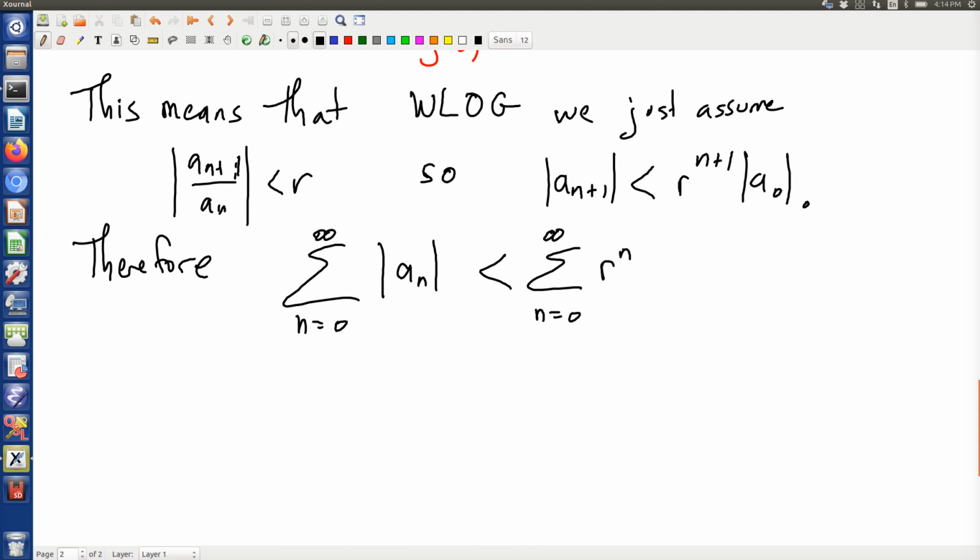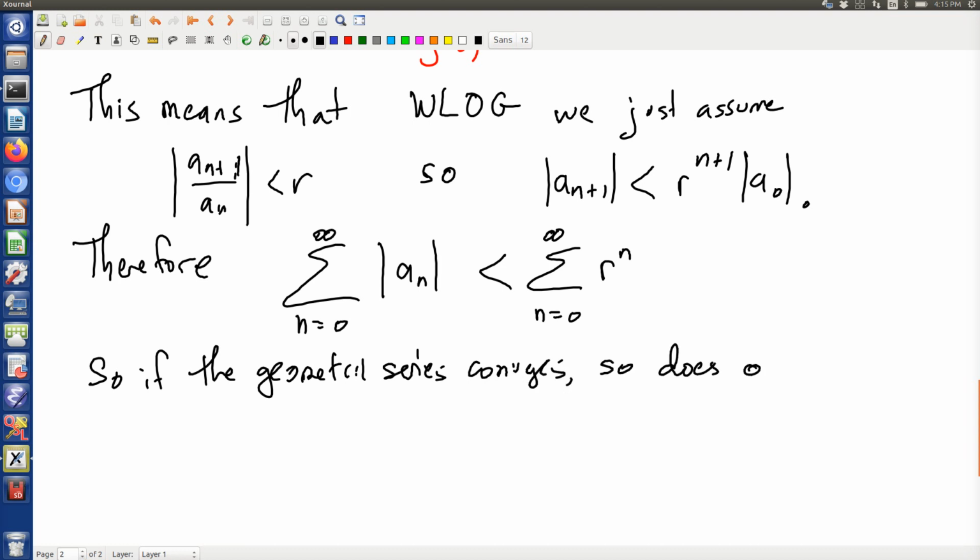Well, that means that if the geometric series converges, so does our series. And since r is equal to 1 minus epsilon for positive epsilon, this happens.